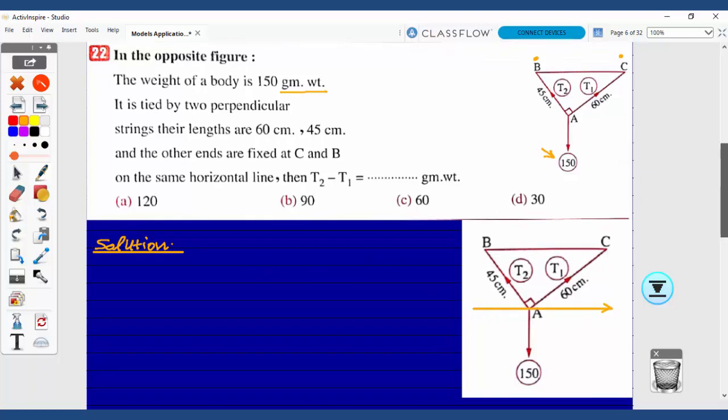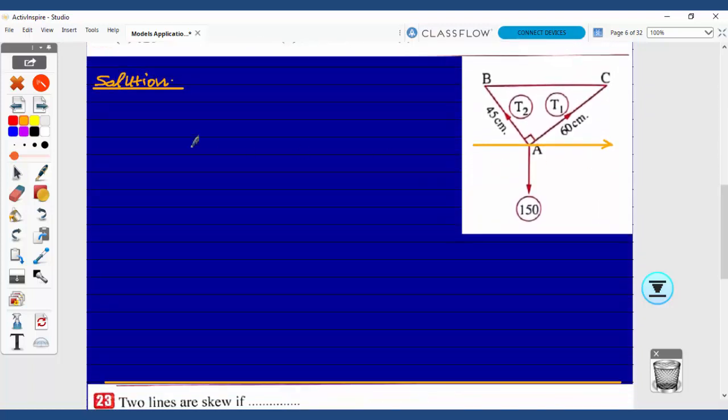So first we calculate the length of BC because we have a right angle triangle and I want to use Lamy's rule. So I have to calculate the length of BC.